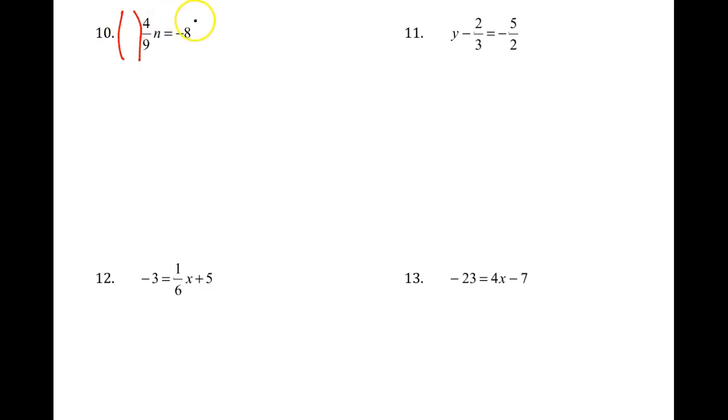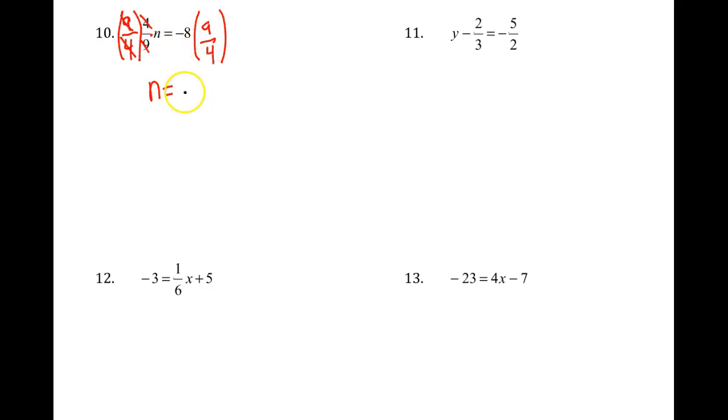We have a one-step equation with just multiplication, so I am going to multiply by the reciprocal here on the side of the variable. Show that those 9's equal 1 and those 4's divided and equal 1.